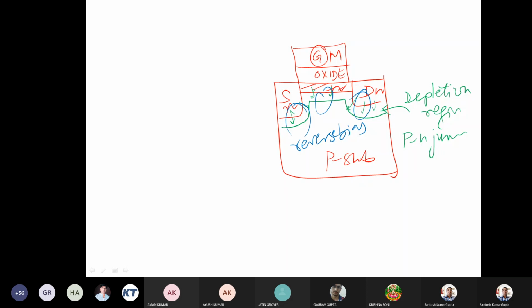So the source is mostly the reference. The drain is at a higher potential, and the gate is also at a higher potential. While in operation, we will see larger depletion regions under the channel and under the drain.